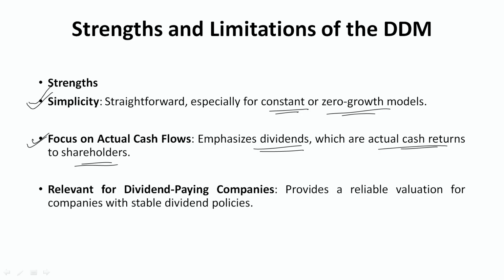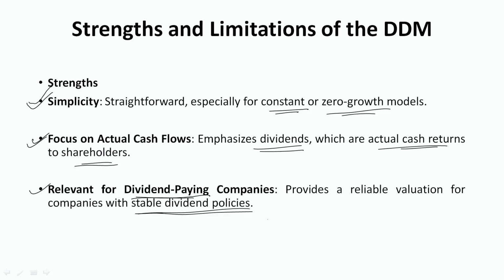Beforehand I can determine how the money could be used, because I know the amount of dividend I would be getting. And third, it is relevant for dividend paying companies, because this is going to help the company in taking a decision for having a stable dividend policy or any other policy in dividend decision.